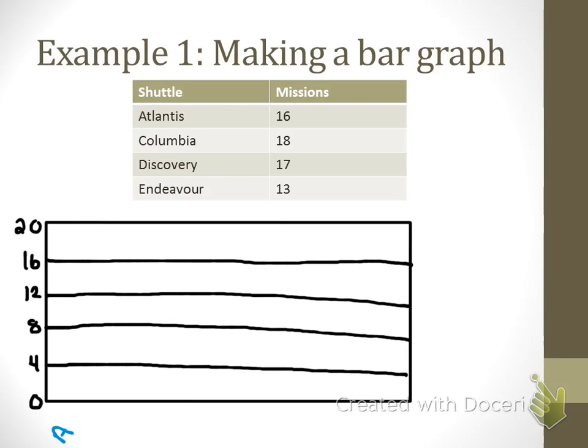I don't have enough room to write the whole thing, but go ahead and write Atlantis. And then we have the Columbia. And then we have the Discovery. And then we have the Endeavor.